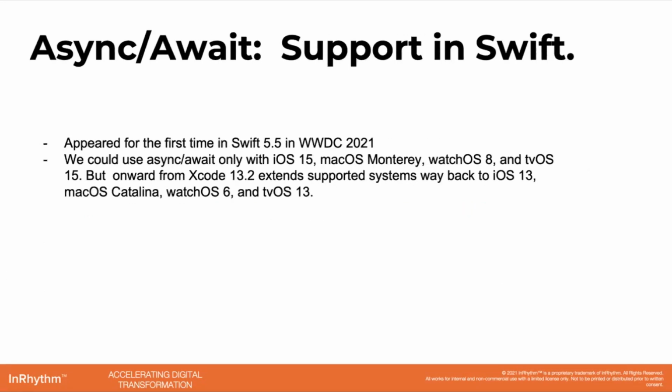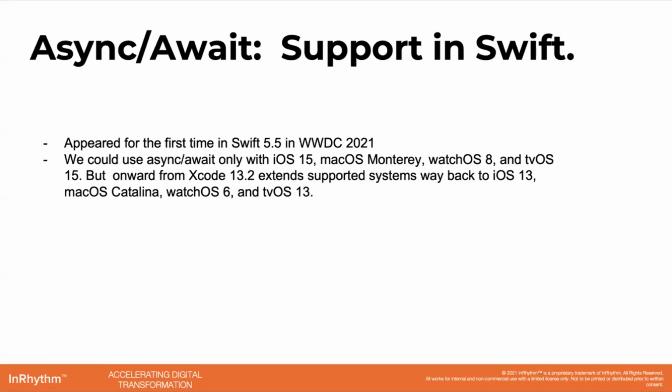Async await is introduced starting from Swift 5.5, and is supported in iOS 15, macOS, watchOS 8, and tvOS 15. But as soon as Xcode 13.2 was released, they provided backward compatibility for async await, which is great.